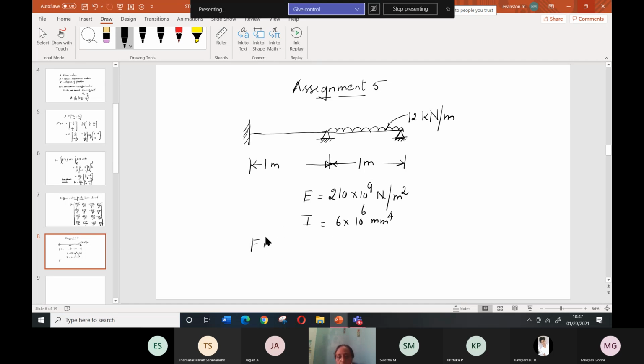Find the rotation at B and C. Okay, this is A, B, C.